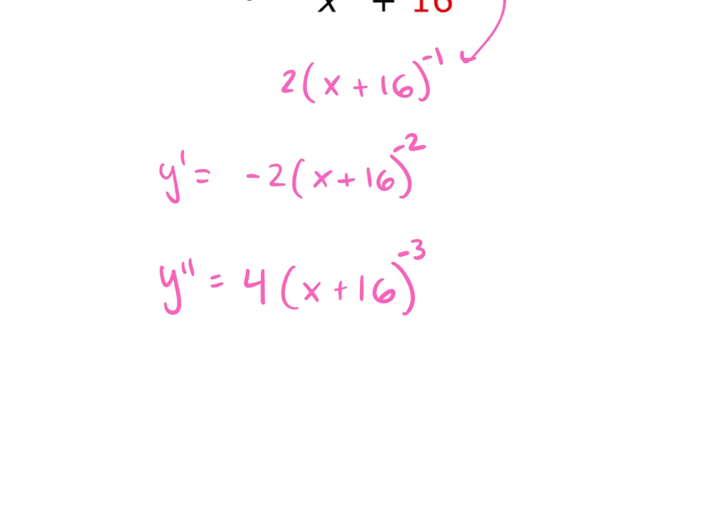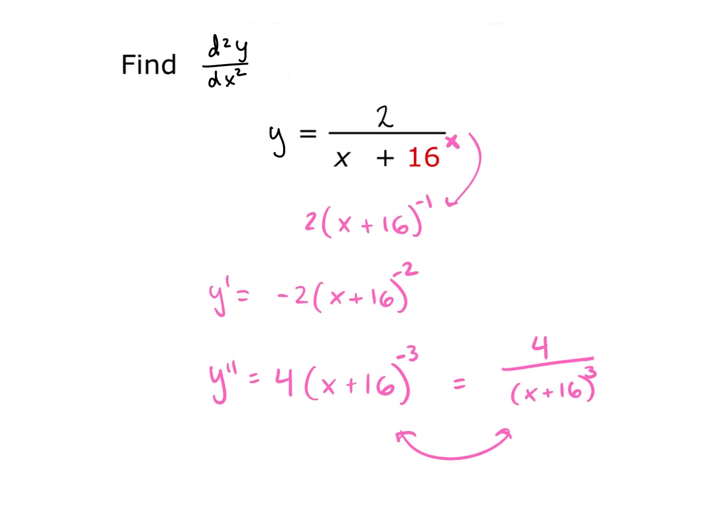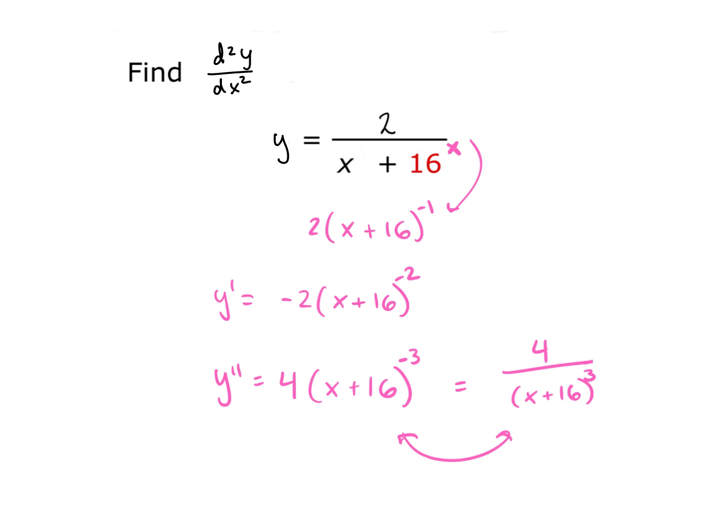To write this a little bit better, it would be 4 over (x plus 16) to the power of 3. So these are the same thing. Either way would work. But remember, if it's multiple choice, it could be written one way or the other. So d2y over dx squared, this is the second derivative.